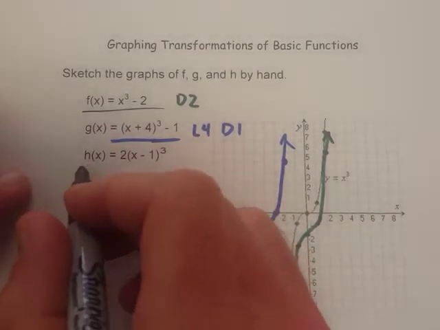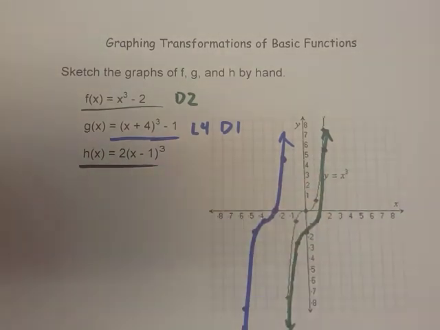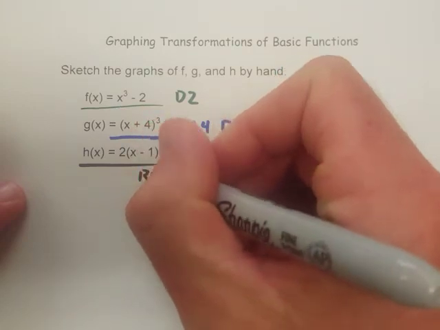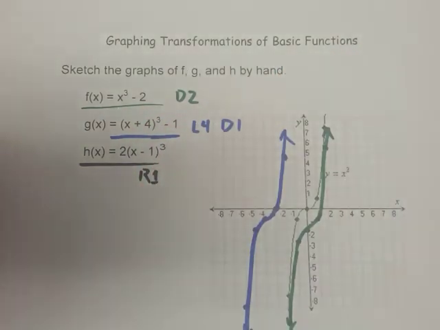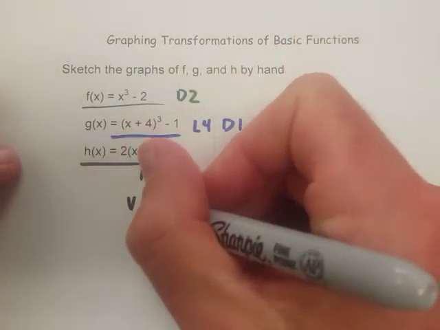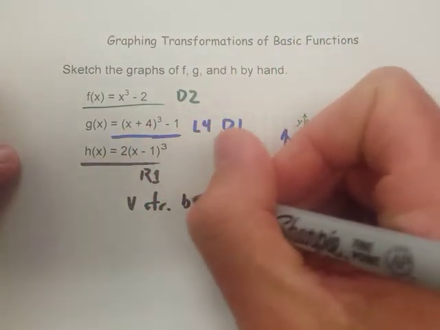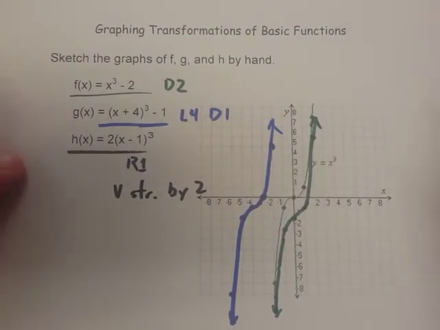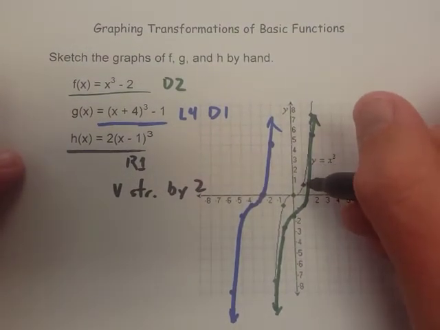Now the last one here actually involves a stretch, but you'll notice on the inside it's first of all to the right by 1. Second of all, it's going to be a vertical stretch by a factor of 2. So here's how I work that with these points. I'm going to go, first of all, right 1 for each one of these.